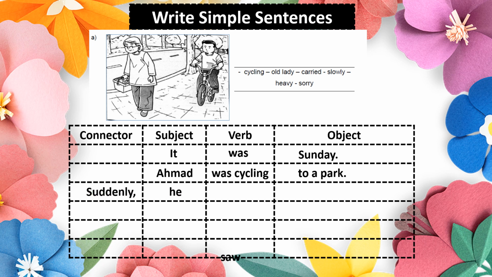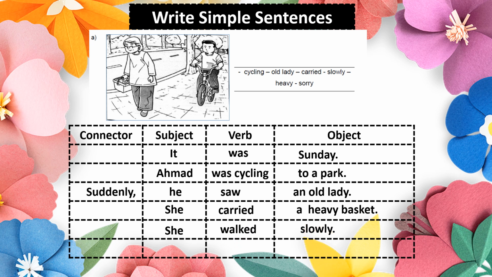Suddenly, he saw an old lady. She carried a heavy basket. She walked slowly. Ahmad felt sorry for her. Okay, so this will be the second paragraph. As you can see, I only write simple sentences.